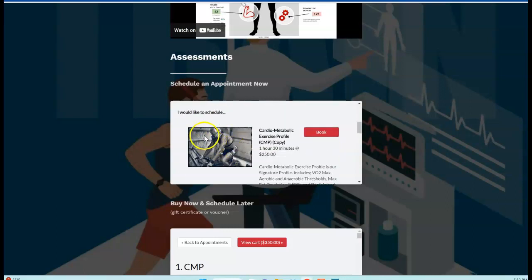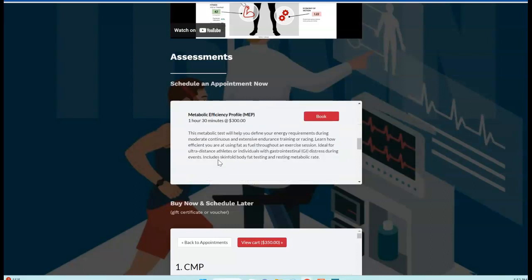So the CardioMet profile is that ramping, fairly short, 10 to 15 minutes, whole ball of wax. For the metabolic efficiency profile, we're going to take more like 5 or more minutes at each stage, right around that zone 2 level. And we're going to evaluate your fuel requirements there.